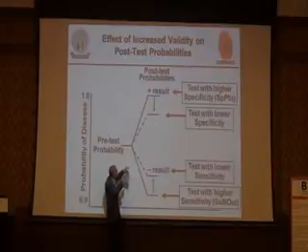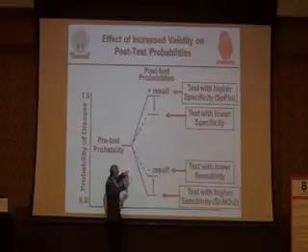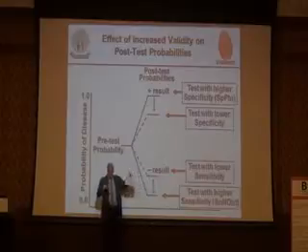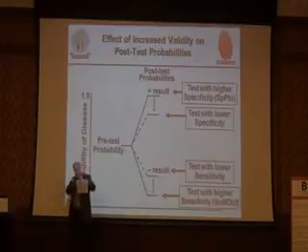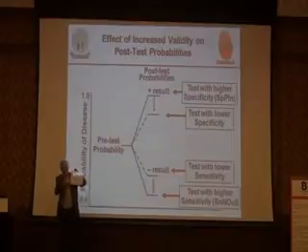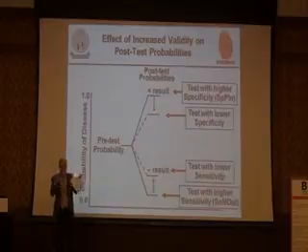But if the test has lower specificity, this is going to go down, right? If the test has lower sensitivity, this is going to go up. So when you have a test with lower sensitivity and specificity, it's not going to categorize the people as accurately as if you have a high sensitivity and specificity.